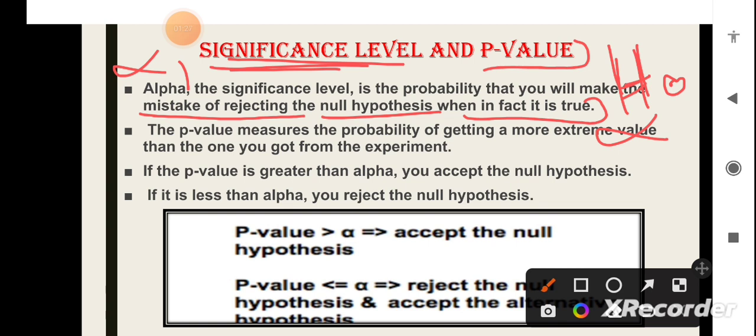Whereas the p-value measures the probability of getting a more extreme value than the one you got from the experiment. So after doing the test and getting a result, we have to check whether our p-value is greater than alpha or smaller than alpha. If the p-value is greater than alpha, then we will accept the null hypothesis, whereas if the p-value is less than alpha, then we will reject the null hypothesis.